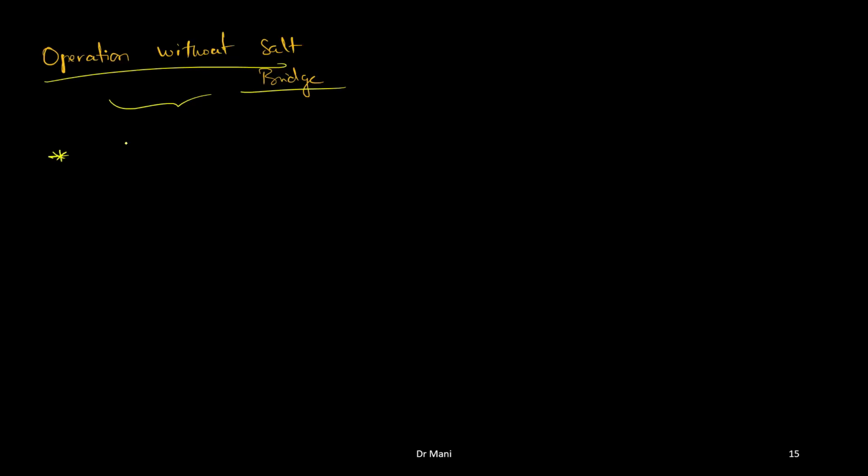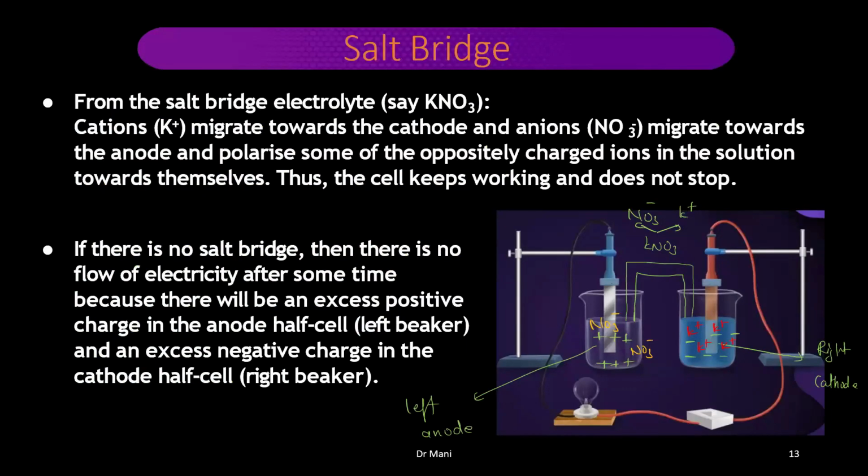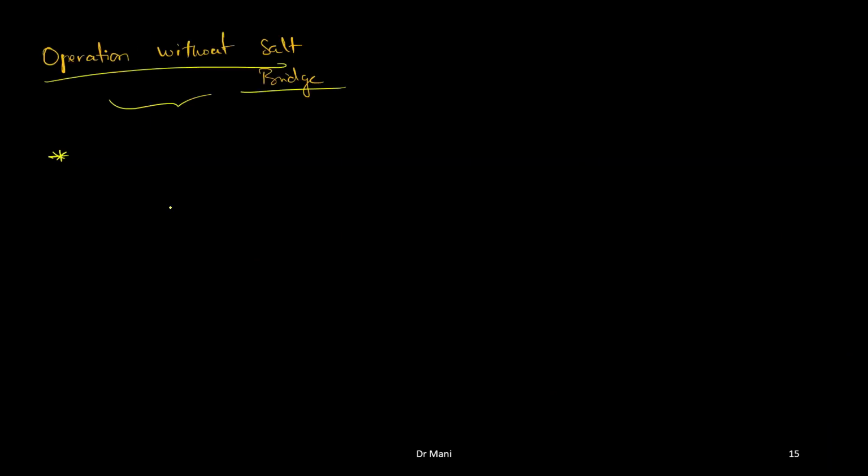Come on, guys, tell me what happens in the anode of the cell if there is no salt bridge. See here, what's happening in the anode? There will be more positive ions. Yeah, there will be excess accumulation of positive charge in the anode of the cell.